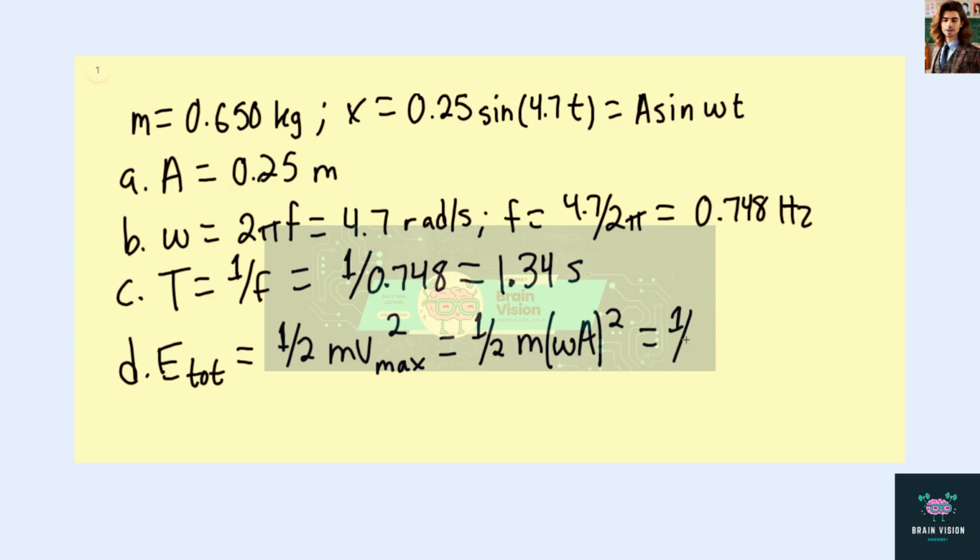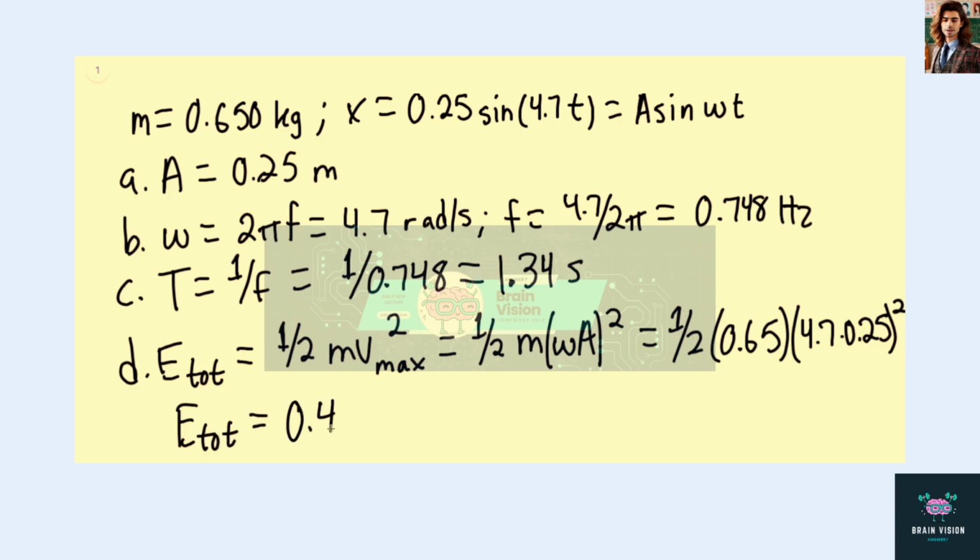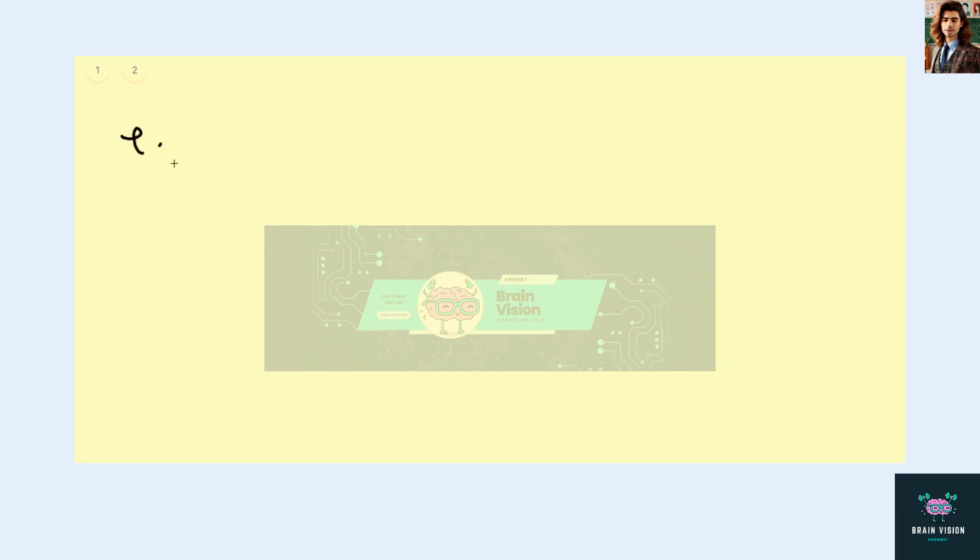And we can solve 0.65 and then 4.7 times a, so 0.25, and then this is going to be squared. So we have a total amount of energy equaling 0.449 joules.